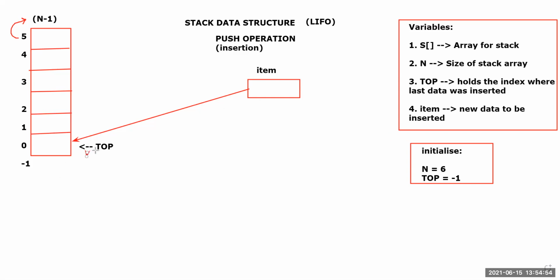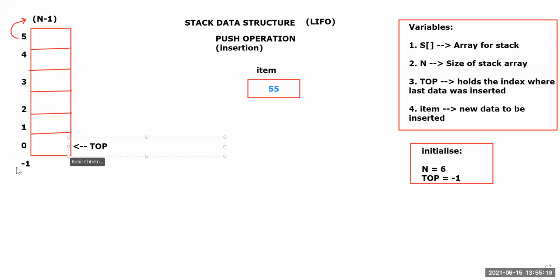So initially my top is at -1. So let's not change it. Now let's say I have a request to insert, let's say 55. So if I want to insert 55 in the item, first of all, I'll first increase my top to 0.